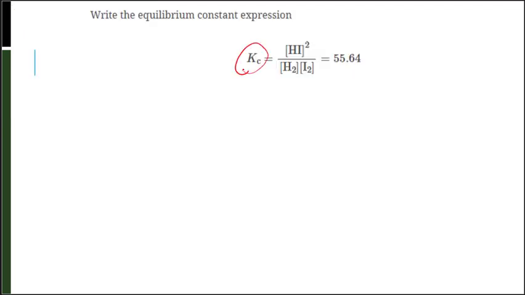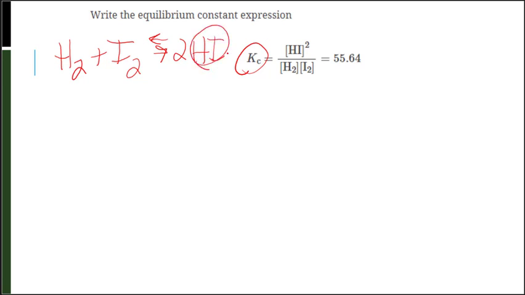First, we've got our K expression. We had H2 plus I2 making 2 HI. So we've got our product squared over H2 times I2, and that equals 55.64. Now we're going to make our ICE table.